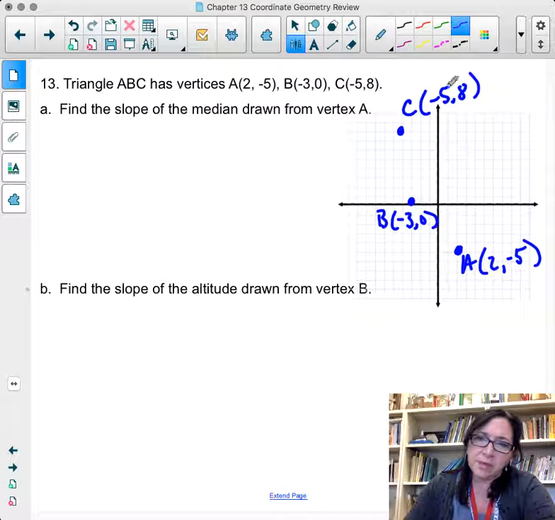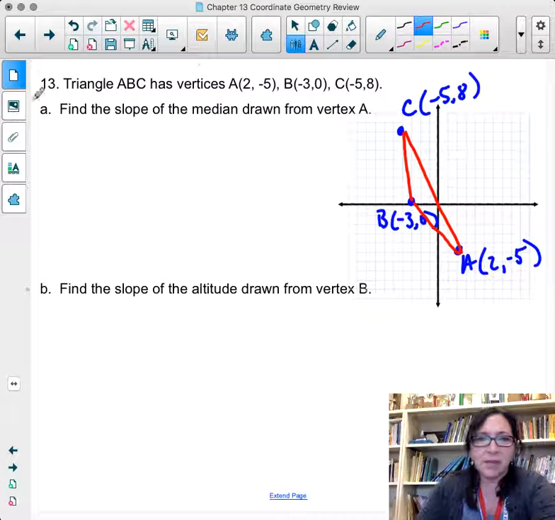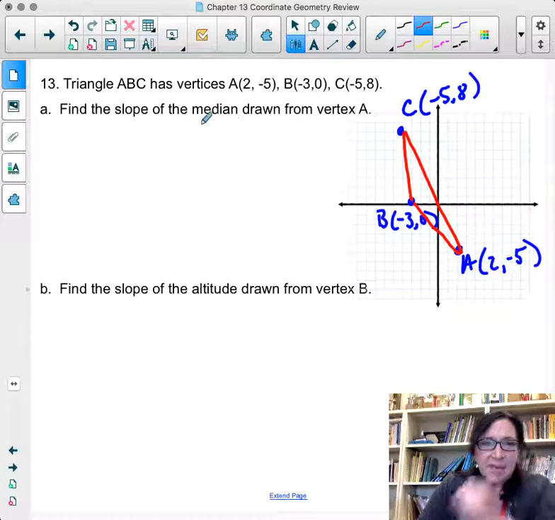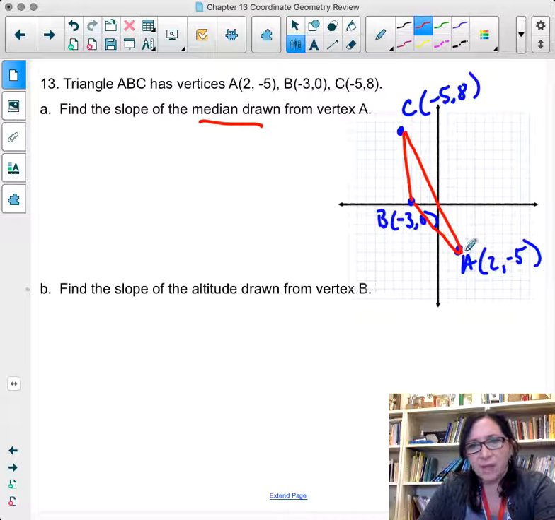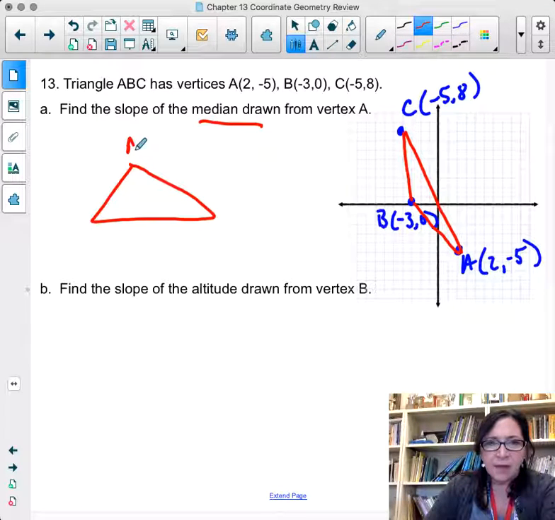So this graph looks like this, connects to here, and then connects to here. All right, so what they're asking is, find the slope of the median drawn to vertex A. So the median, let me explain this to you. If that's vertex A, and I want to find the median, I first need to bisect this length.